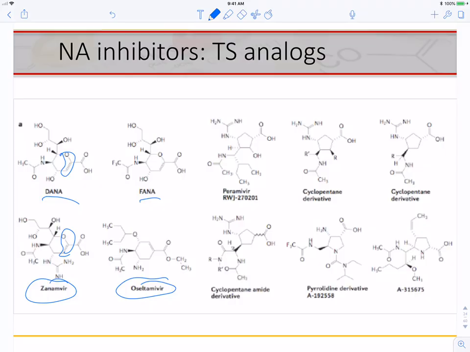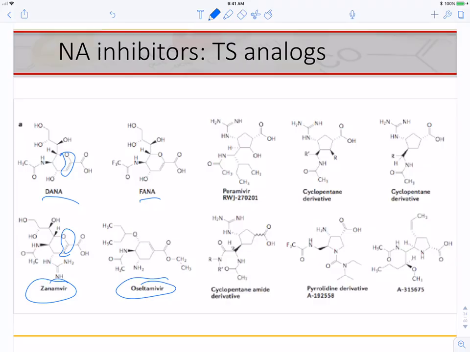So the design of these two transition state analogs went through a lot of modeling, and your book has a pretty lengthy explanation of the whole history of the transition state inhibitors, starting from the 6 carboxamides and going to the carbocyclic analogs, in which basically we lose the oxygen, like in oseltamivir.